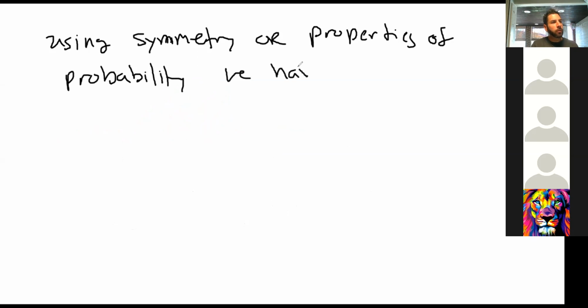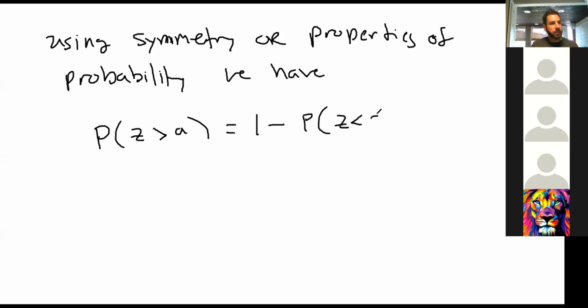What if we wanted to do the probability that Z was greater than A? Well, that could just be the following. It could be 1 minus the probability that Z is less than A, because we'll take the complement. Remember this idea of a complement?